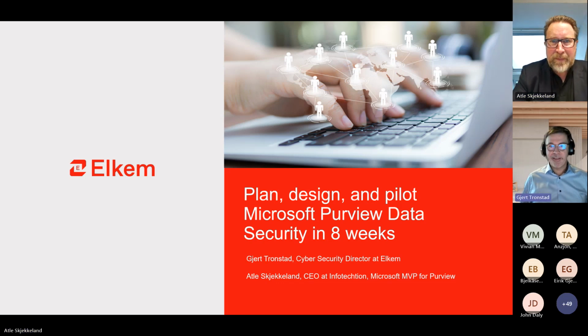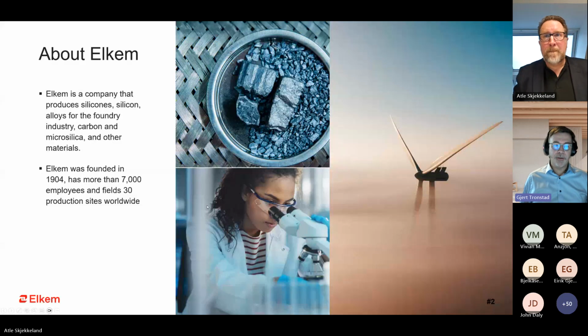Hello, my name is Gjert Tronstad. I'm working as the cybersecurity director at Elkem. Elkem is an industry and manufacturing company originating out of Norway. We are mainly producing silicone and alloy for the foundry industry.